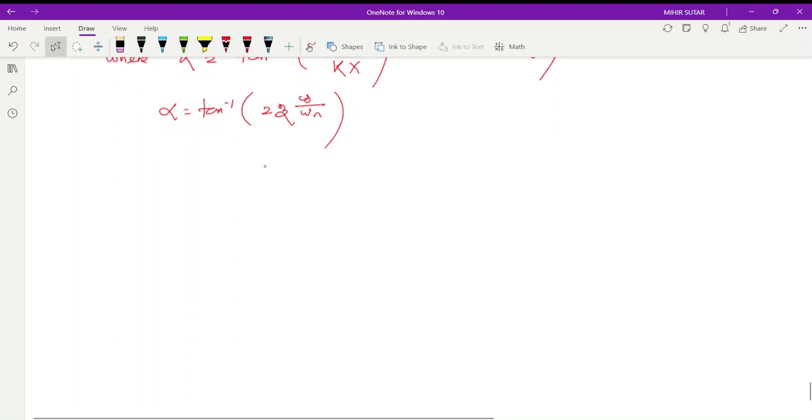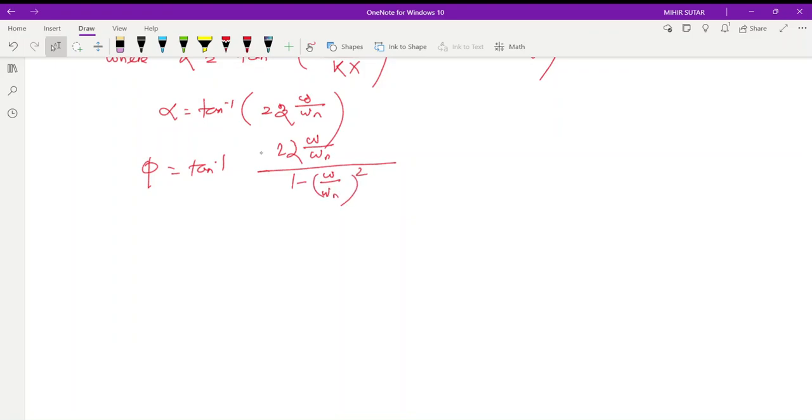Okay, and angle phi is tan inverse of 2 zeta omega by omega n divided by 1 minus omega by omega n square. Okay, this one is zeta.